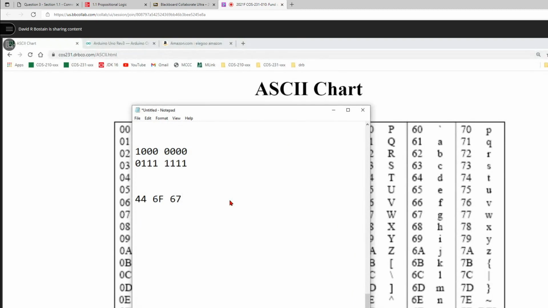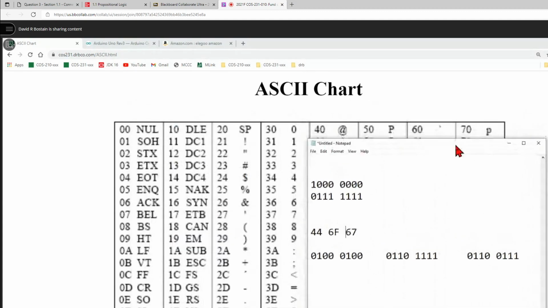We could write that out in binary, in 8-bit binary, making the first digit a 0 for the moment. 4, 4, 6, F, 6, 7. So there's 1 character here, 1 character here, 1 character there. So I'll put a little extra space in there so we would know what we're looking at. So binary turns into these hexadecimal digits, and we can use them to look things up in the table over here.